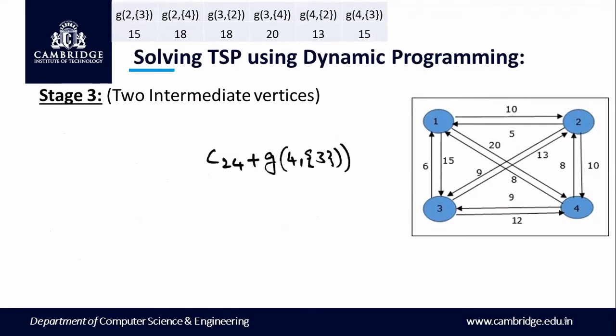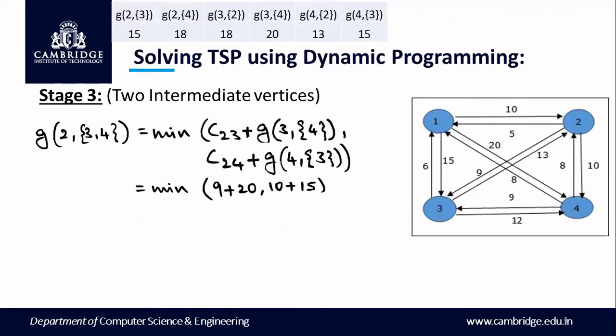Same way, the third stage in this case takes two intermediate vertices before a vertex can reach back to its source vertex. In this example, you can see that vertex 2 tries to reach the source vertex via two intermediate vertices, that is nothing but the set 3 and 4.